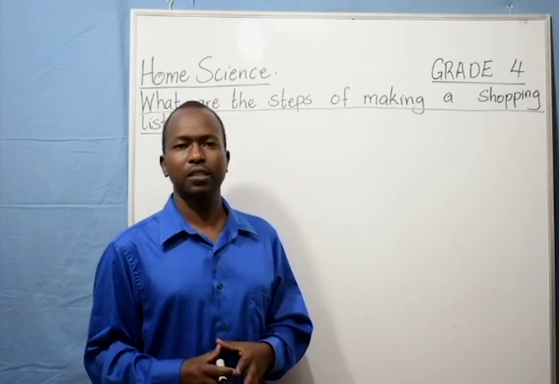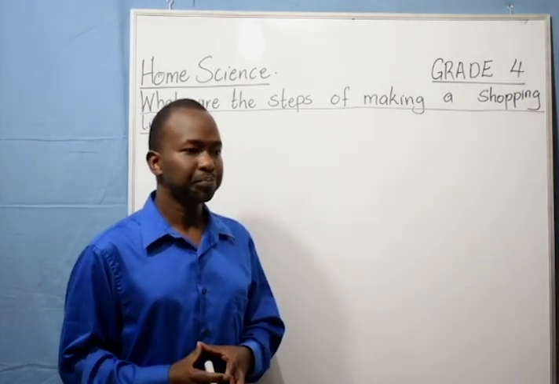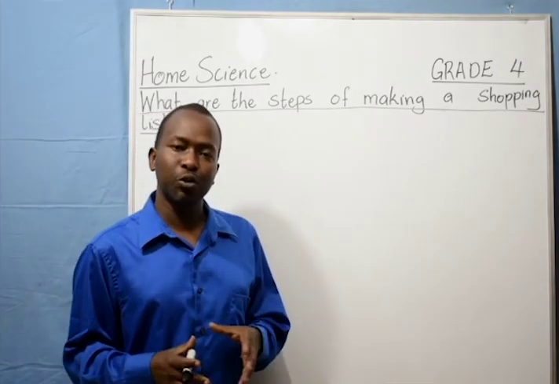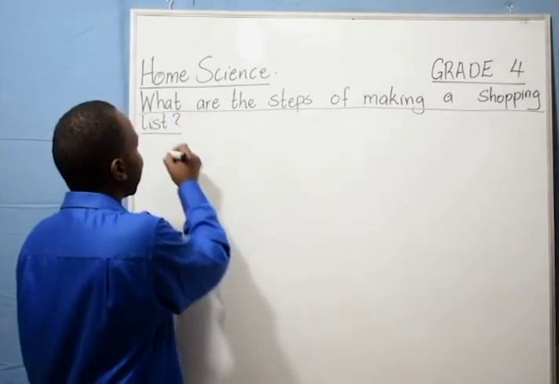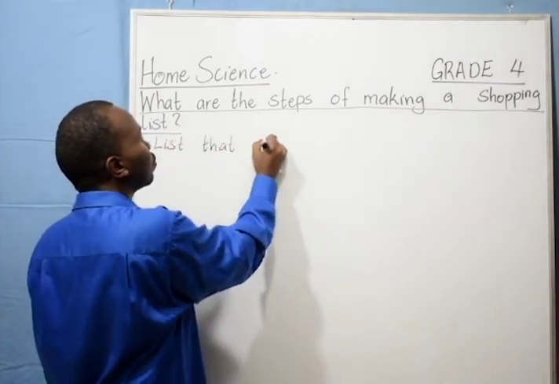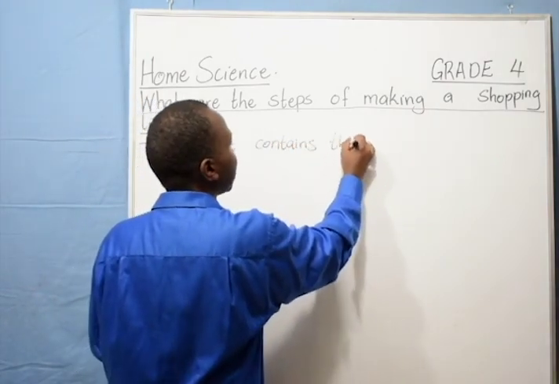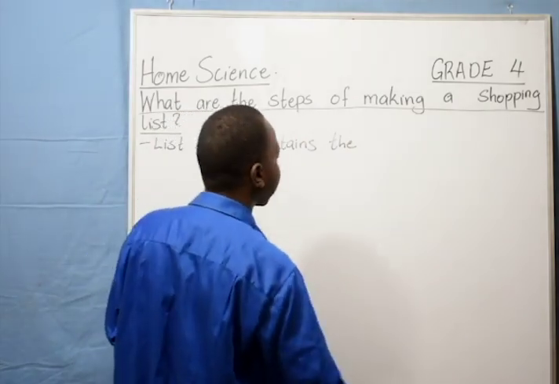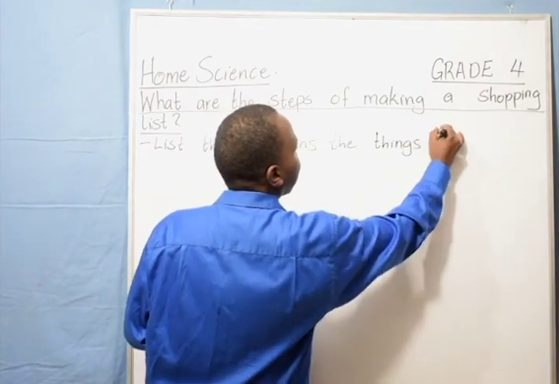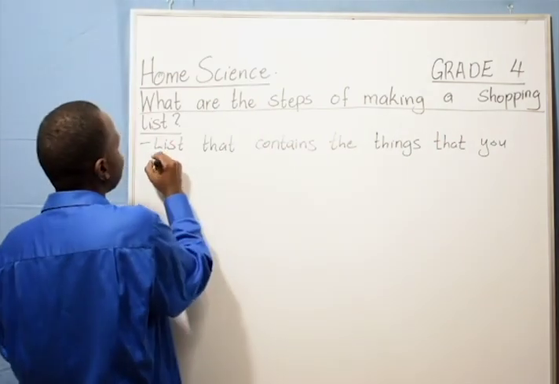And we said, yes, if somebody can remind us. Yes, very good. Now we said that a shopping list is a list that contains the things that you want to buy.